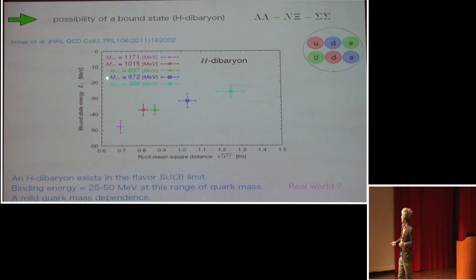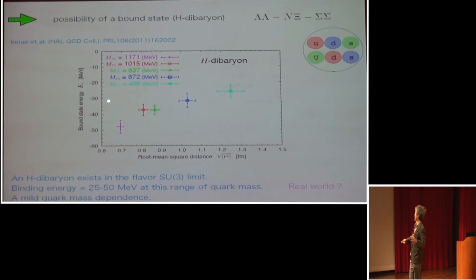So it's like a UUDDSS bound state. This is the binding energy and also the size of the bound state, at several values of the pion mass. Since it's the flavor SU3 limit, pion and kaon have the same mass, and we call it the pseudoscalar meson mass. If it's very heavy, the binding energy is about 50 MeV deep. But if you decrease the pion mass from 1,000, 800, 700, 500, the binding energy decreases, but not so rapidly.